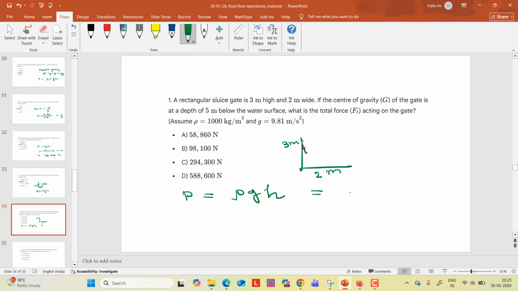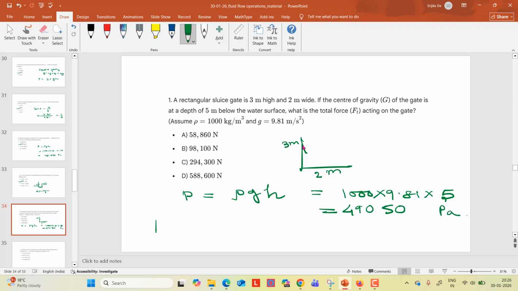So rho is simply 1000 into 9.81 into depth 5. So it will be 49050 Pascal.